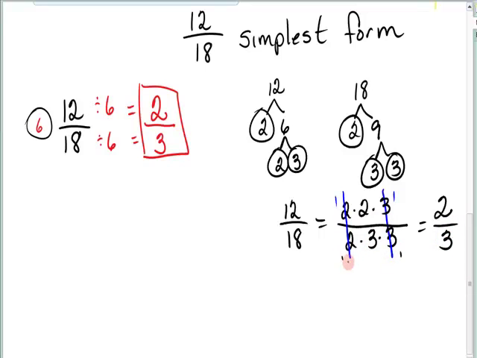Sometimes it's referred to as they cancel out. That's not really an appropriate word for it, but I hear it a lot. They divide out. So this is a little shorter, but it requires your brainstorming that you came up with the common factor of 6. This one, prime factorization, divide out the common factors. So I'll employ both of those in my examples.